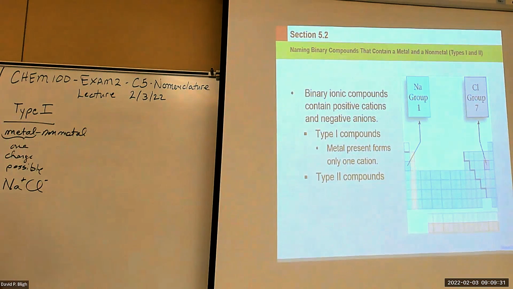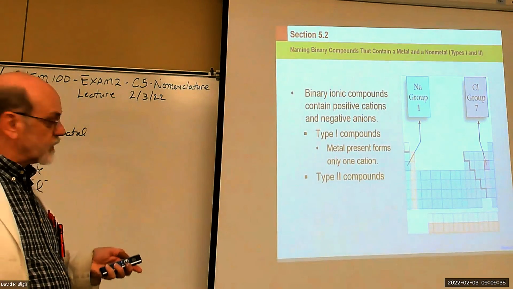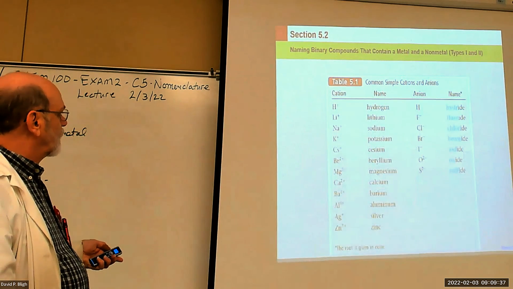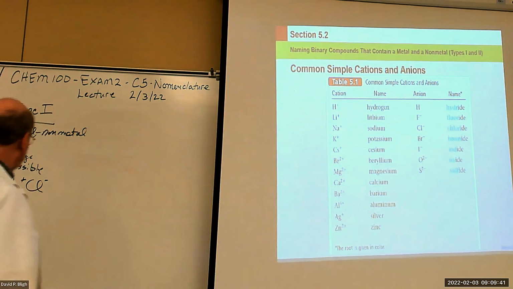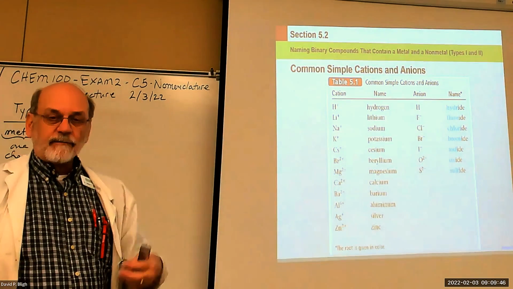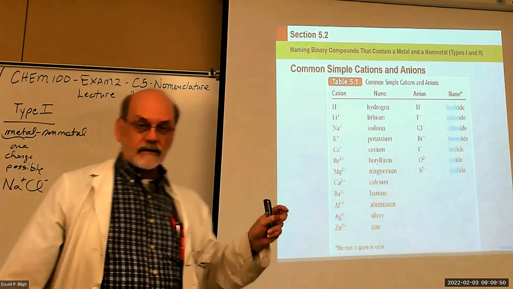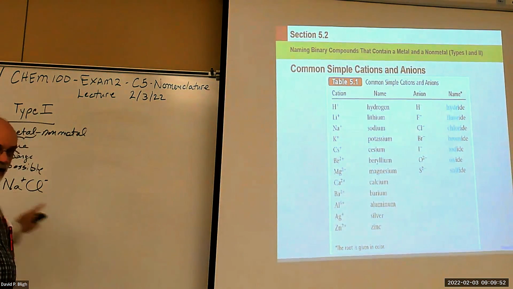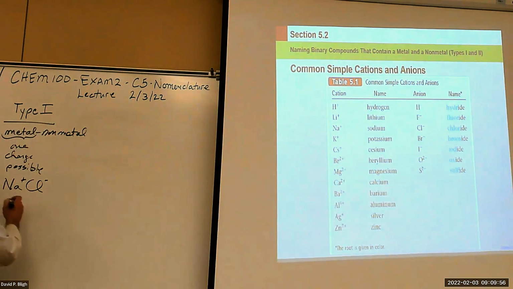Now, how do you name it? All right, I'm going to come back to the type 2s and type 3s. Here we go. So when you name a compound, the first part of the name is the metal. And all you have to do is just say the name of the element. So this would be sodium.